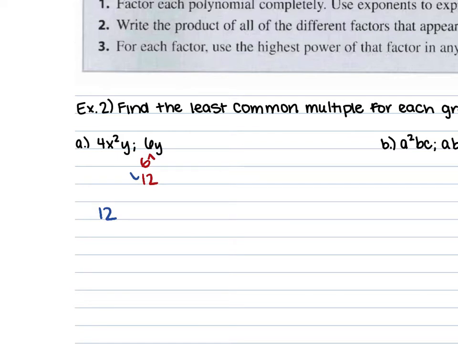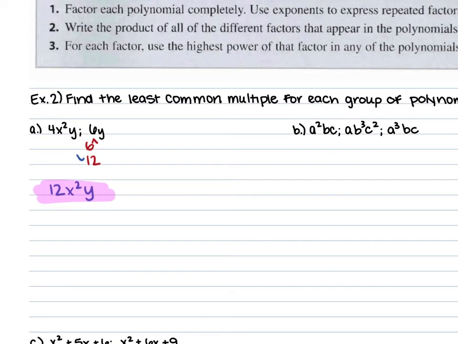So even though your x squared is with the 4, but not with the x or with the 6, we're still going to include it. Same thing with the y. We have a y in both, so we will include it. So it's just the 12x squared y that our least common multiple is between the 4x squared y and the 6y.